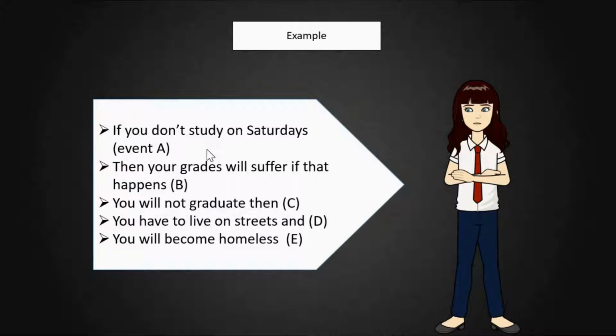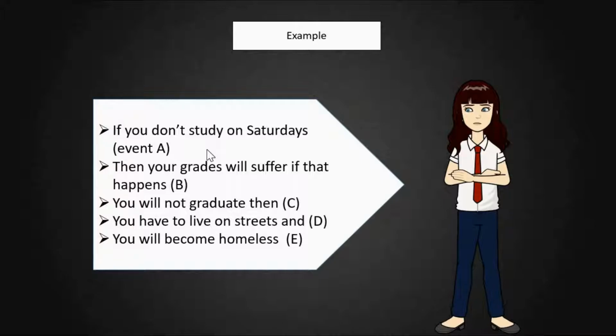So you can see not studying on Saturday can cause you to become homeless. And I can also go on from E to F. If you become homeless, then you will probably be starving and have nothing to eat. If you have nothing to eat, you will die.